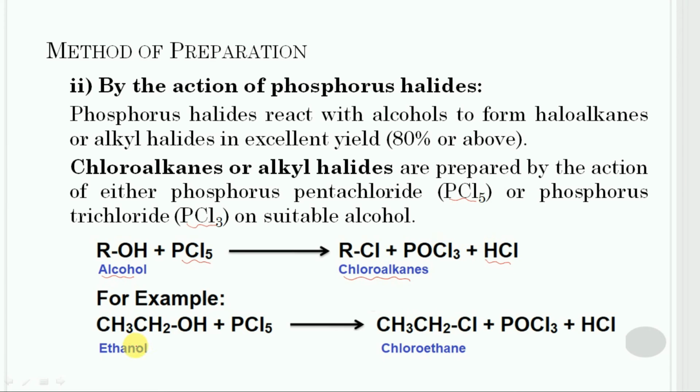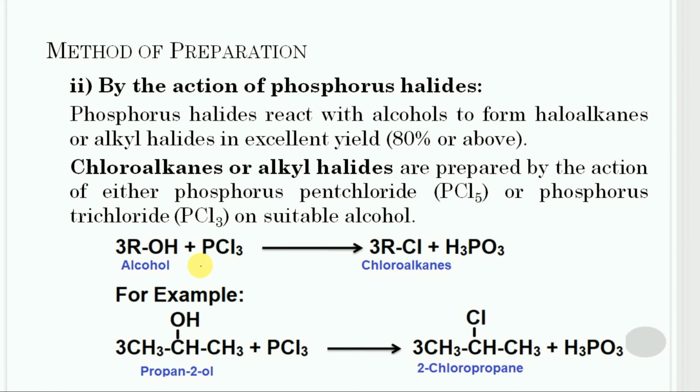So let us consider its example. In this case, ethanol is treated with phosphorus pentachloride, chloroethane will get formed along with the side products. Similarly, in the second case, alcohol is treated with phosphorus trichloride.